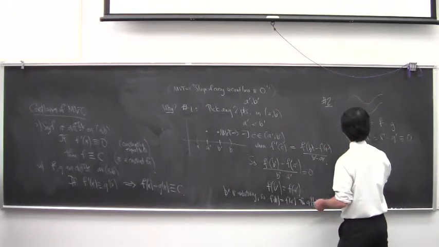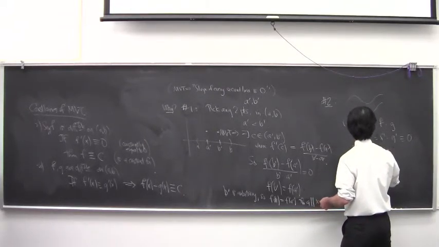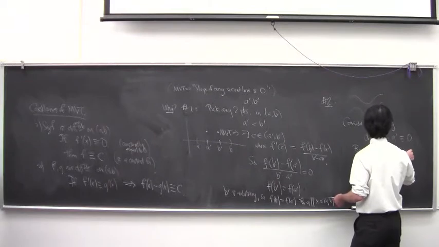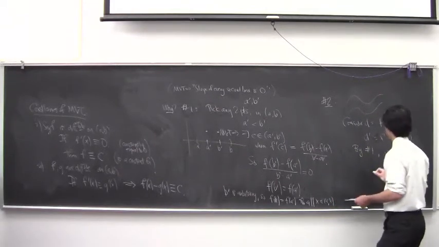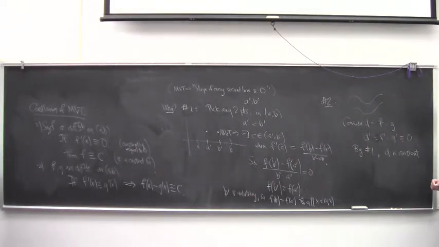So by part 1, d is constant, because part 1 said if you have a function whose slope is 0 everywhere, then it must be constant. We've created a function whose slope is 0 everywhere, so it's constant.